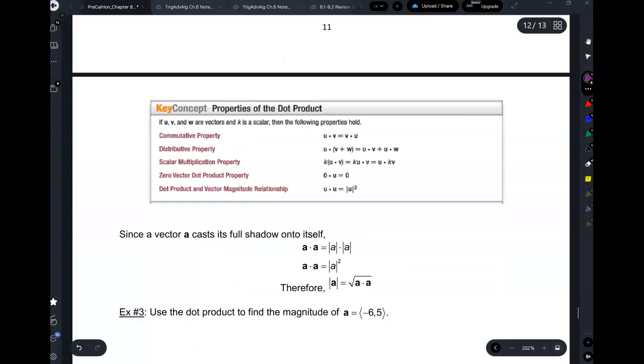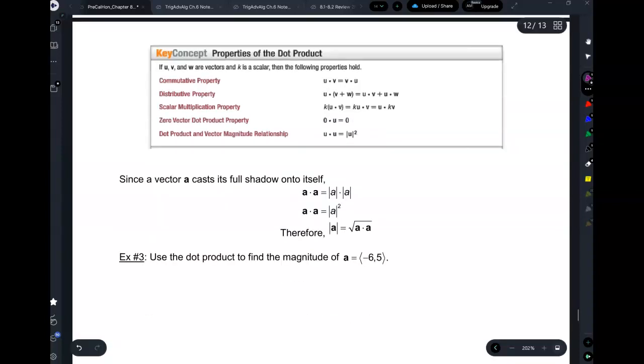So the dot product follows some of the same properties as numbers. I want to talk about this last one, U dot U. What does that mean?